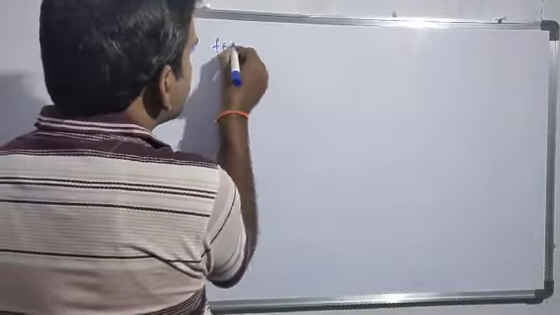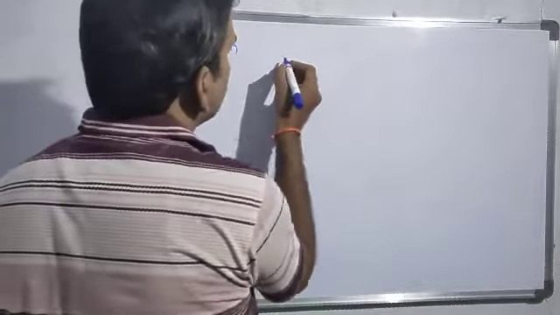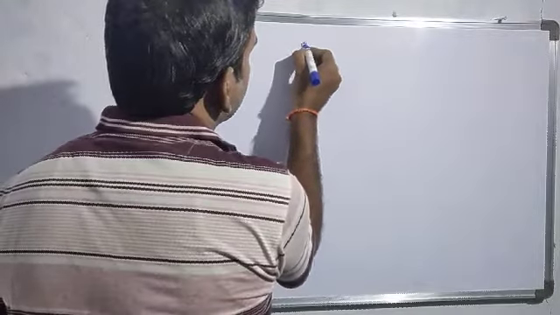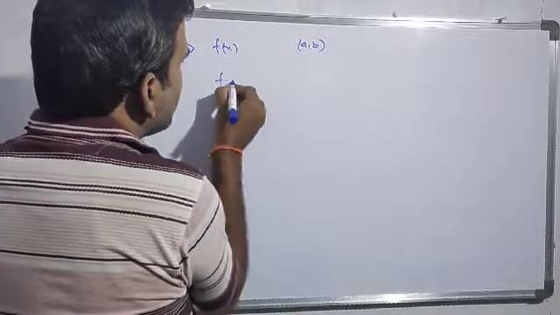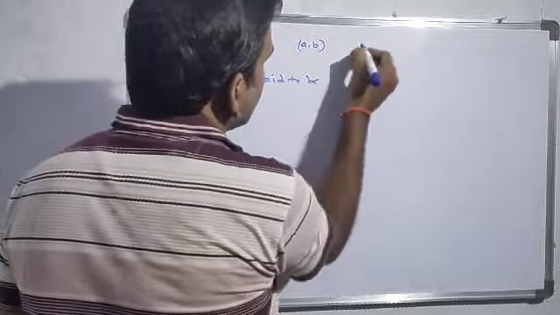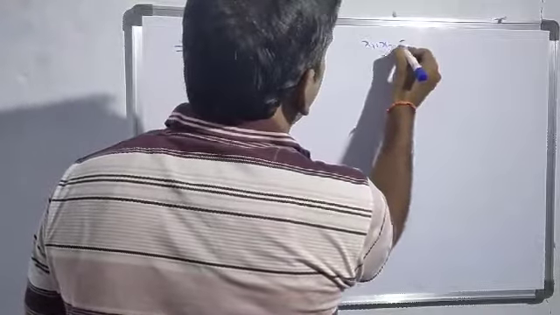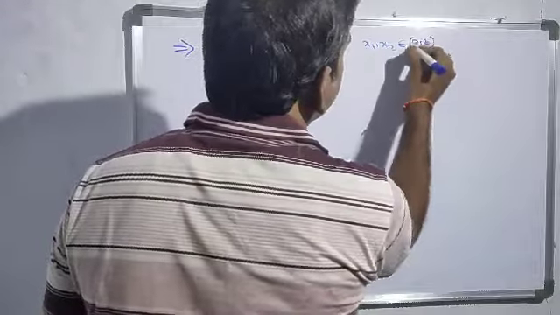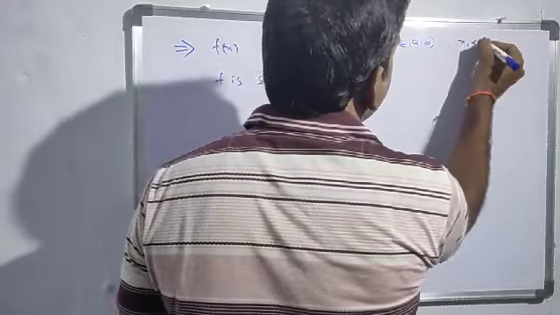Let f(x) be a function in the interval (a, b). Let x1, x2 belong to (a, b), with x1 less than x2.